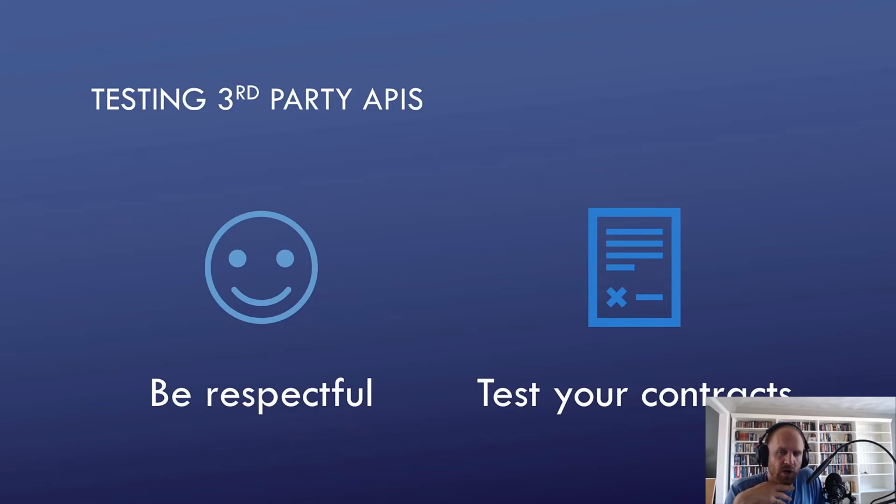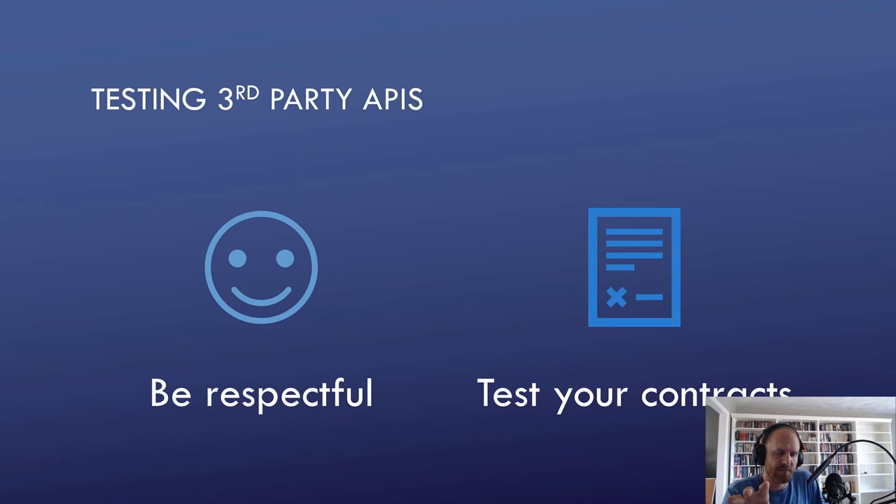And I think we should also change our testing strategy when it comes to this. A couple of things that I've listed here. One is be respectful. What I mean by that is you're using someone else's API, so don't try to break it. Your goal in testing third-party APIs isn't to make sure that it has no bugs. That's the job of the people who create that API.